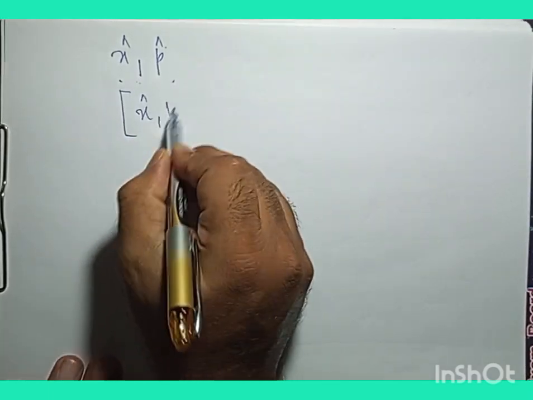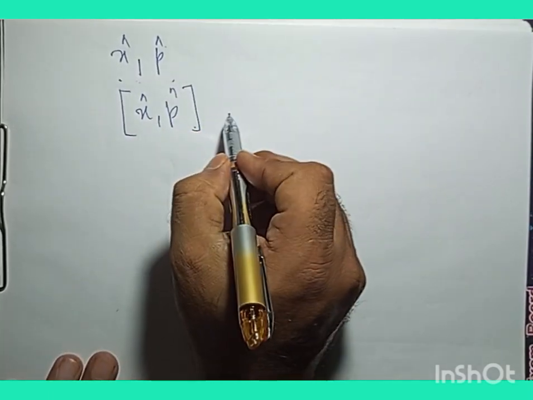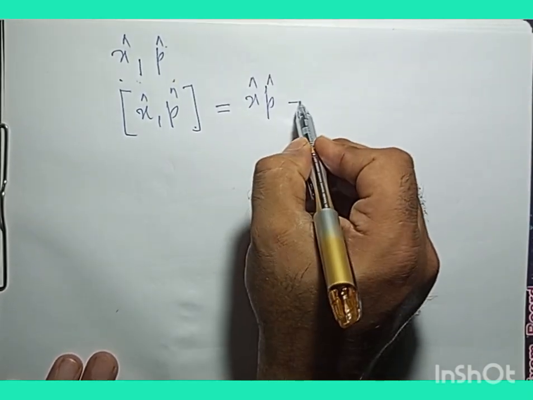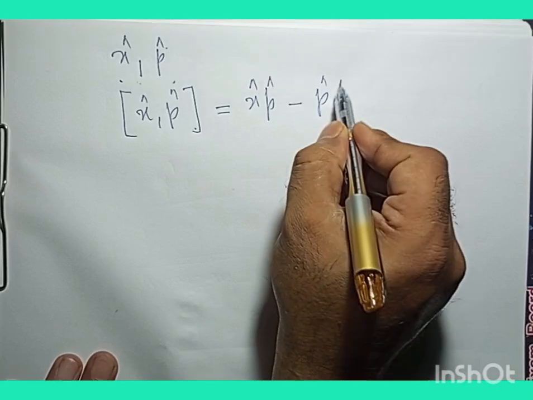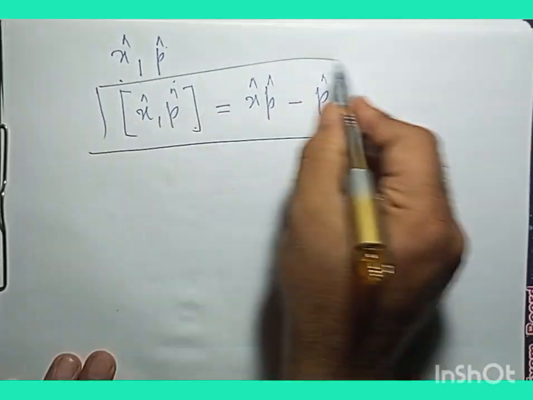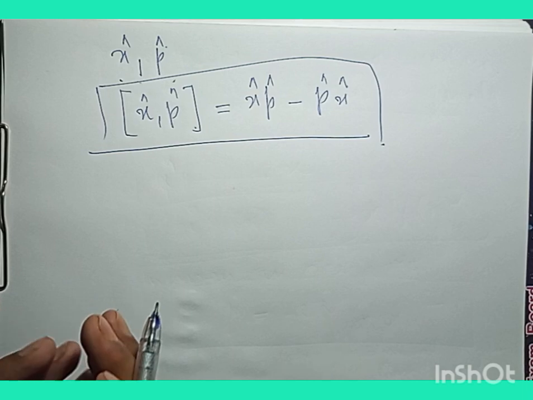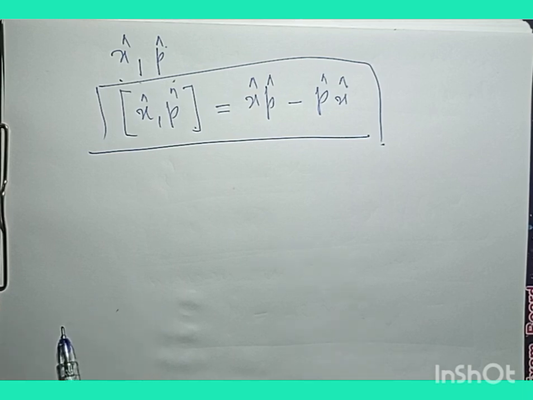So we have x cap and p cap, and this is defined as x cap p cap minus p cap x cap.